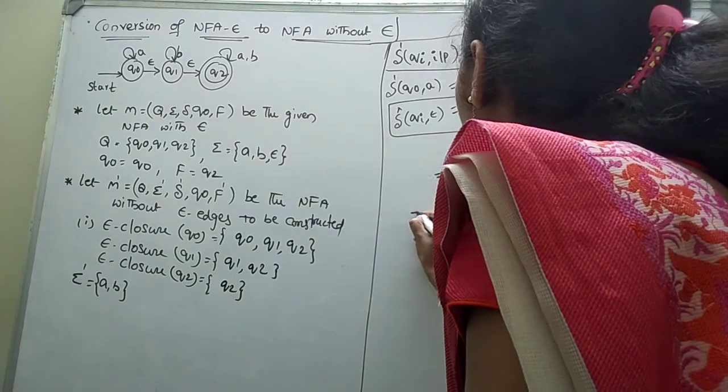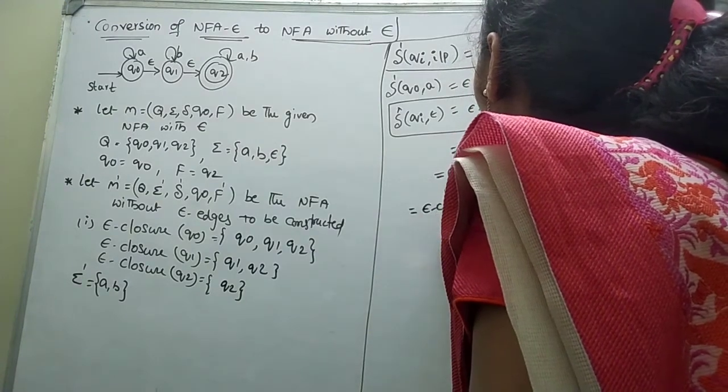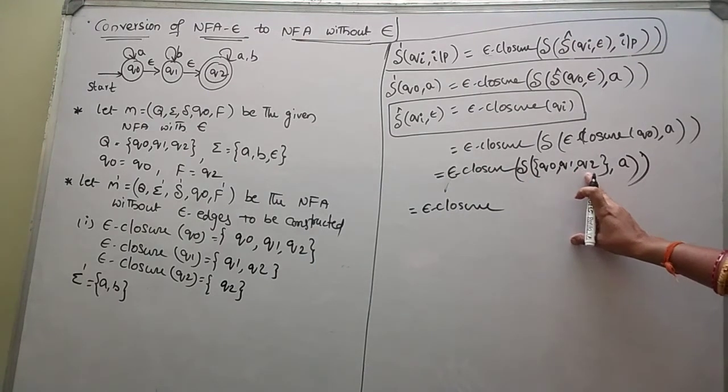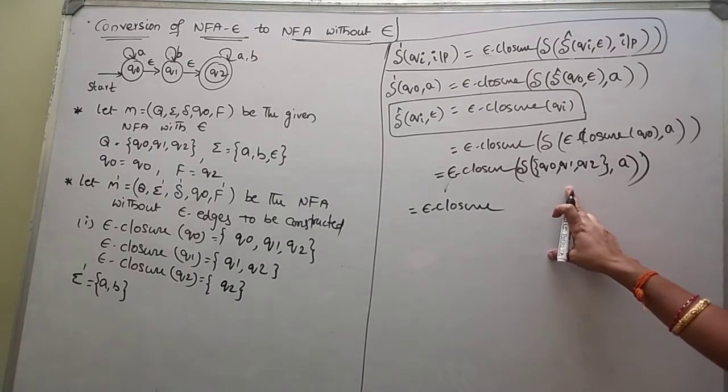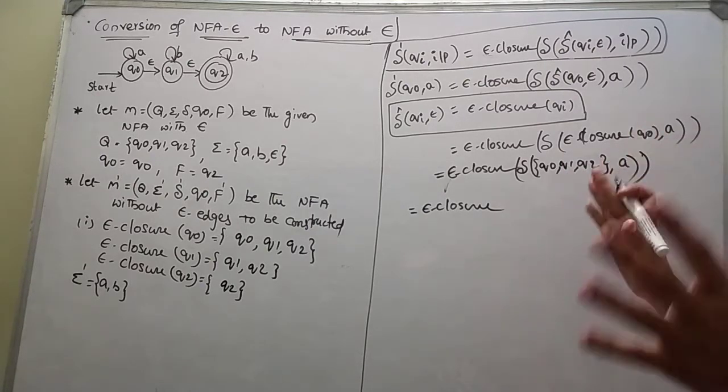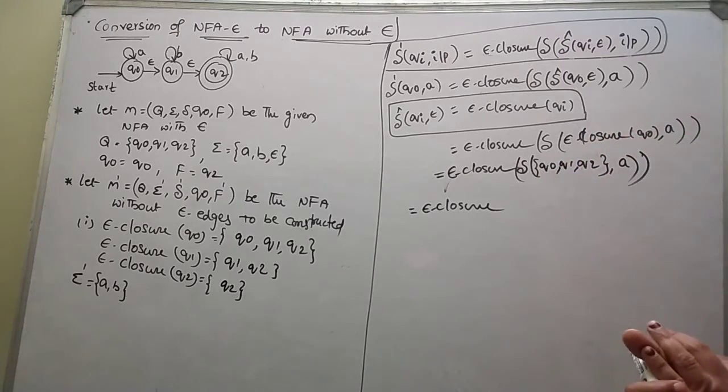Now, this can be written as epsilon closure of delta of Q0, Q1, Q2, comma A. While we are computing the transition function for more than one state at a time, we just take the union of those transitions.